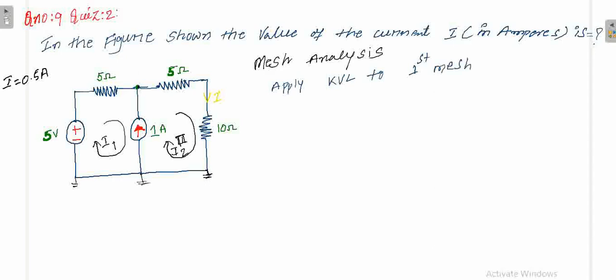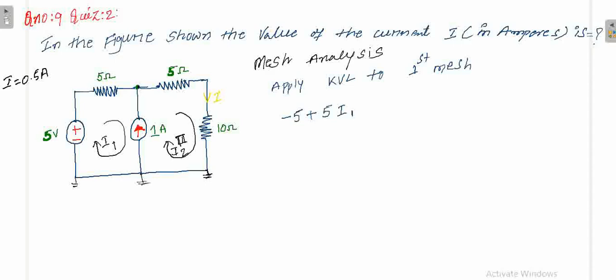By applying KVL, what will you get here? Minus 5 plus 5 into I1, and if it is a super mesh, what do we have to do?